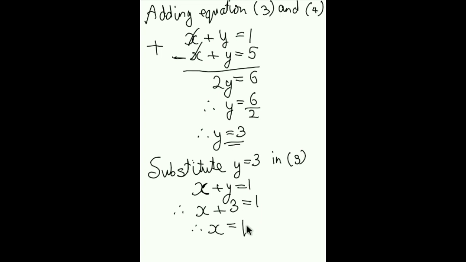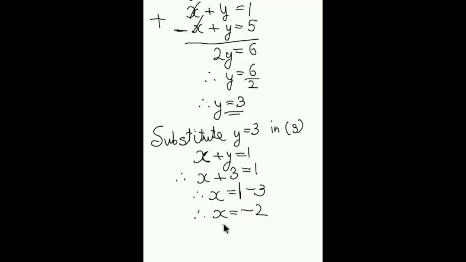So x equals 1 minus 3. From 3 we subtract 1, so 3 minus 1 is 2. Here the bigger number is 3 and the sign is negative, so the answer will be negative. So minus 2 is the answer. This is the value of x.